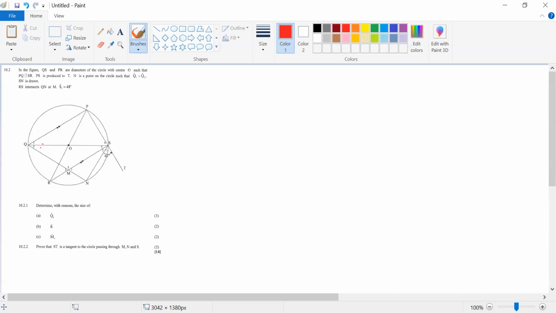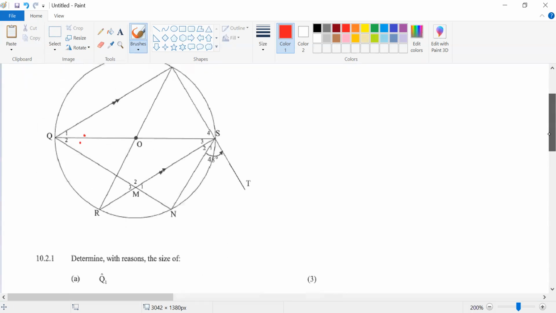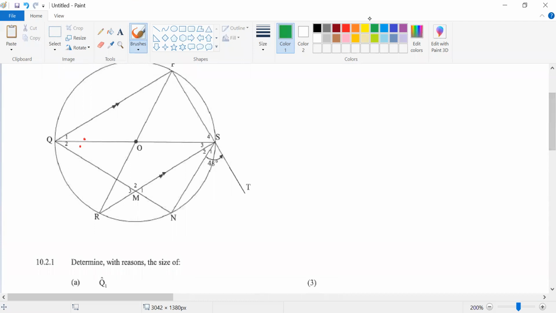In order to do that, we have to just see where Q1 is. So we already know Q1 can be found right here. And when we're working with Euclidean, we need to take information or values from places we know to places we don't. So we have an angle up here that we do know.